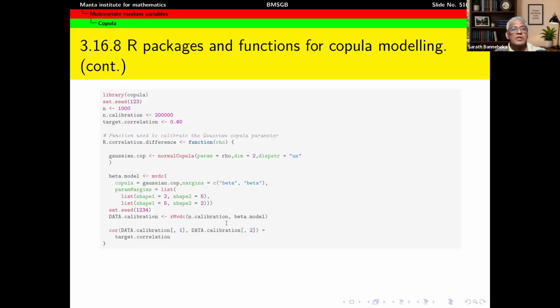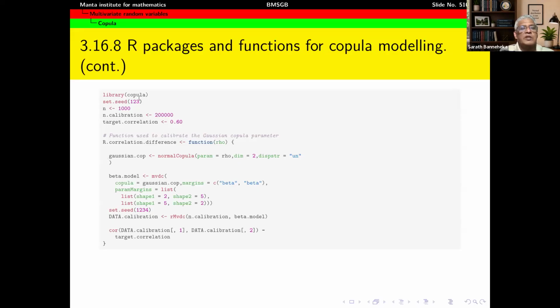I have just applied those built-in R functions to generate data from those two beta distributions, as I have already looked at. These are the codes required for that. Again, I'm not going to explain each of these things.